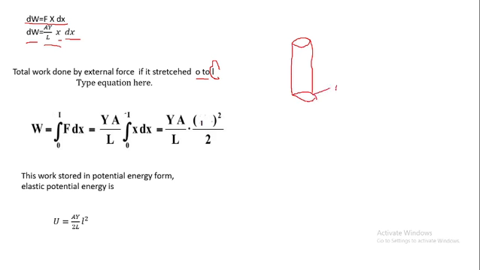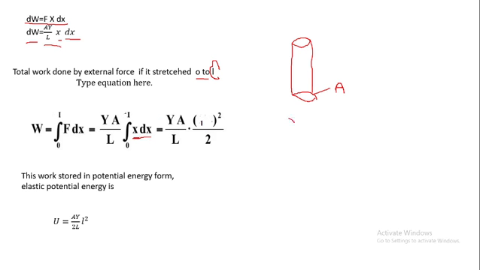And Y is Young's modulus, which depends upon the material properties, so it is constant. L, the length of the wire, is also constant. So you only have to take X, the increase in length, inside the integral. You take the integration of X into dx, and we get X square upon 2.